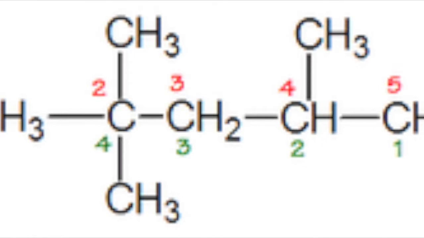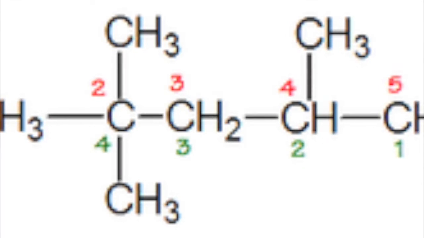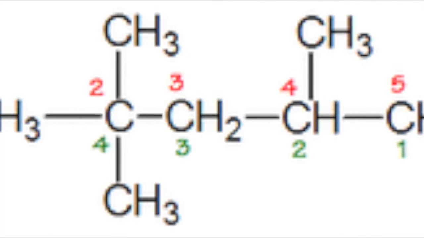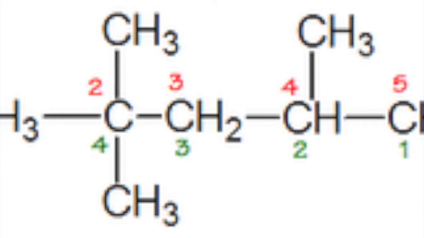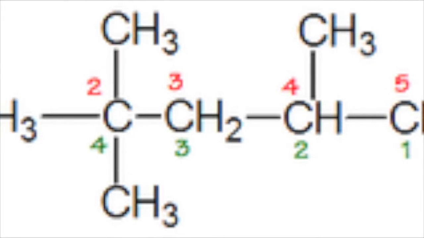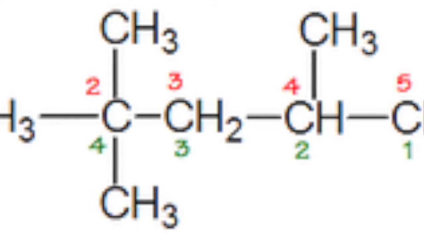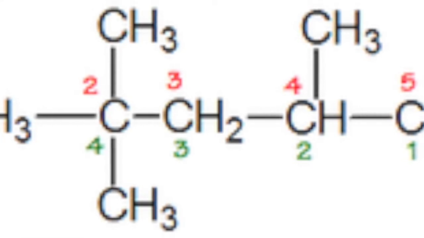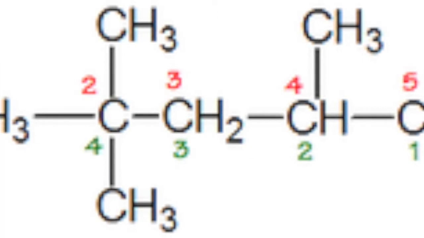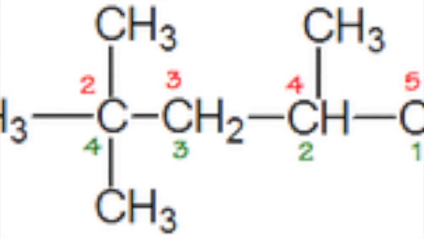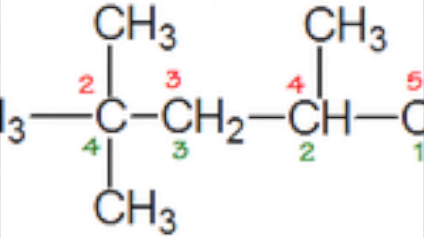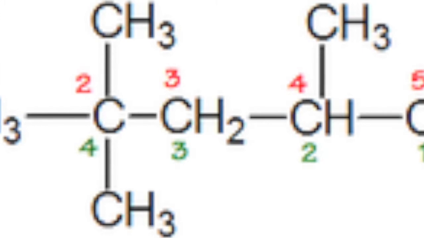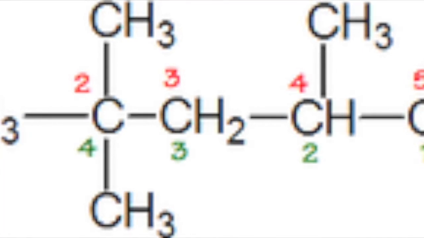Step number 4. If the same alkyl group occurs more than once as a branch on the parent chain, use a prefix di, tri, tetra, and so on before its name to indicate how many times it appears. Then use the number of the carbon to which each is attached to indicate its position. Then step number 5 is when different alkyl groups are attached to the same parent structure, place their names in alphabetical order.